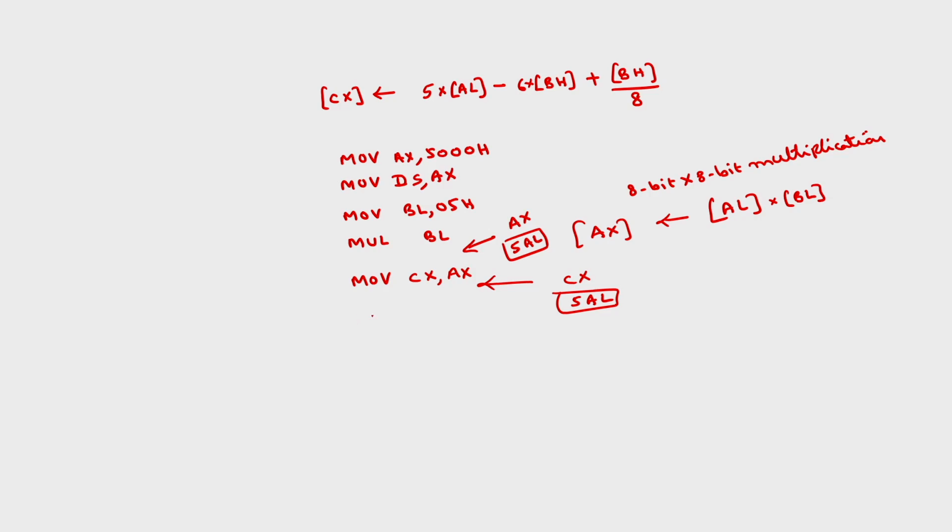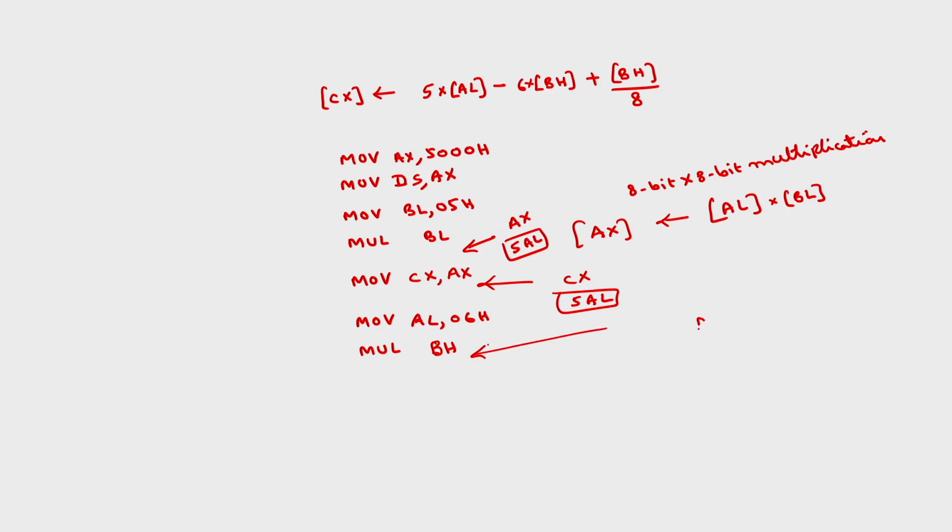Now, we have to perform BH into 6. So, for that you take 6, MOV AL comma 06H, or you can directly take AX, but because you have to multiply, only AL is enough. Sorry, AL comma 06H, then MUL BH. So, what will be the operation here?